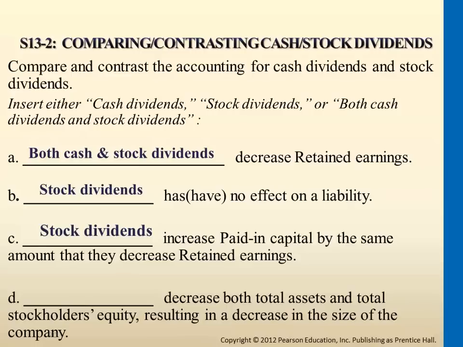Come on, this one is easy. Cash, exactly, because cash is part of assets, so only cash dividends, basically you're just giving checks to shareholders. So it reduces assets, and it doesn't affect any other categories besides assets and retained earnings, these two accounts. So eventually it's decreasing the size of the company because you're using retained earnings.